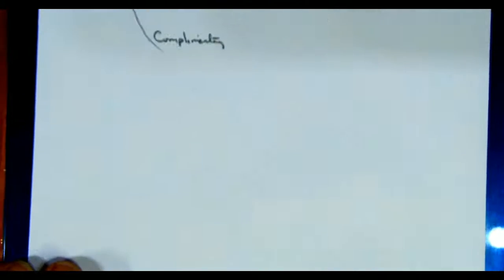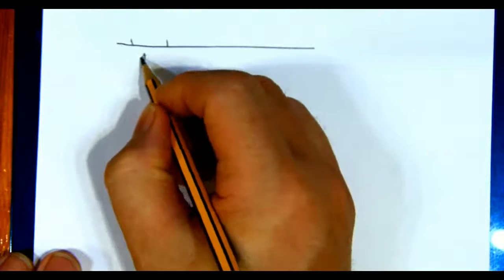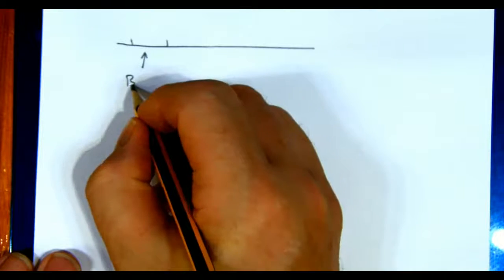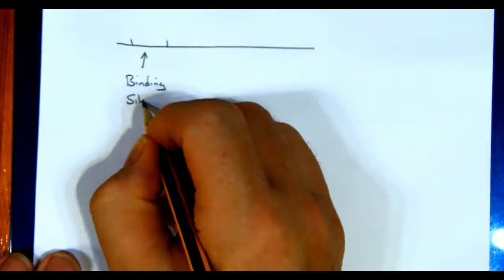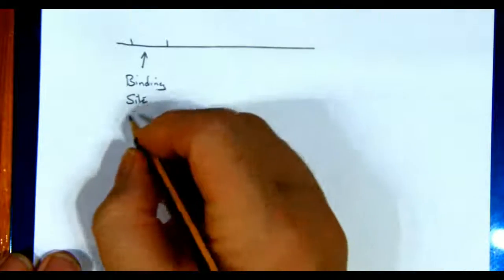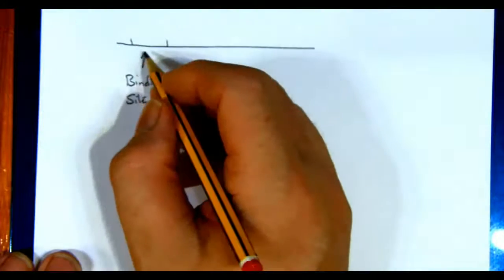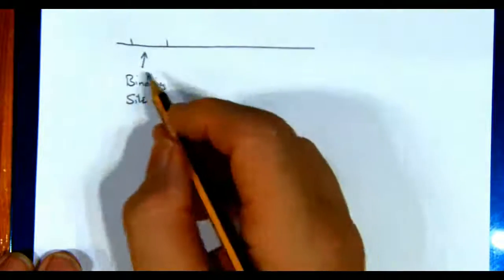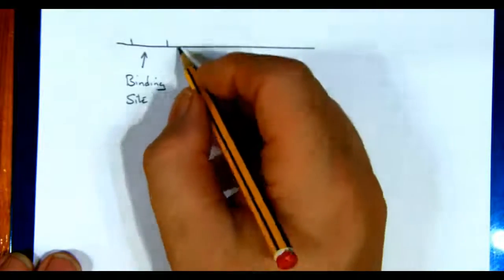If I look at what a gene might look like, it's going to have some sort of binding site. And this binding site is going to be for the enzyme to turn this DNA into mRNA.